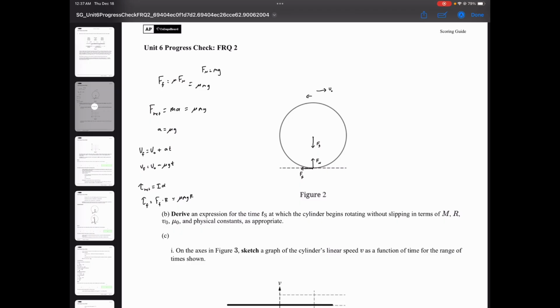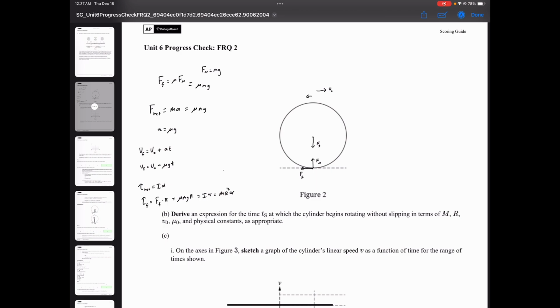Now to relate this to the angular acceleration, I have I times alpha, and since this is a hollow cylinder, that's going to be mr squared, the moment of inertia of a hollow cylinder, times alpha. So then I can write alpha in terms of these variables.